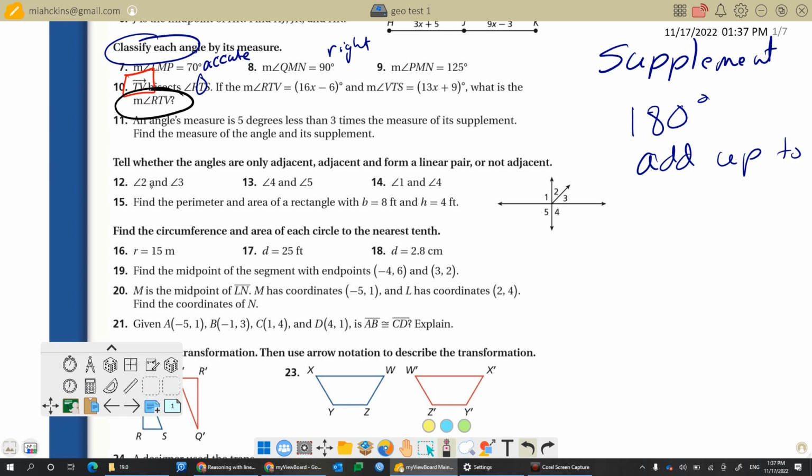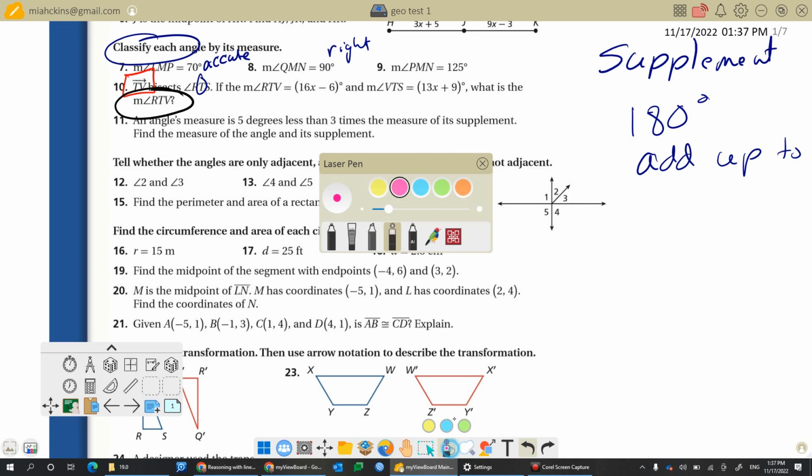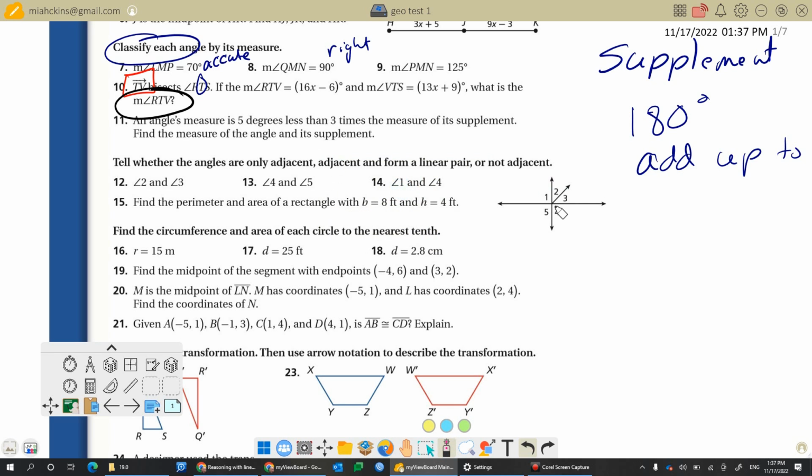So 2 and 3. We've got angle 2 and angle 3. And they happen to be only adjacent because they have the same vertex. So this angle and this angle, they share the same vertex.